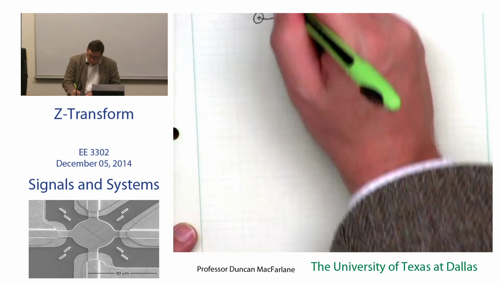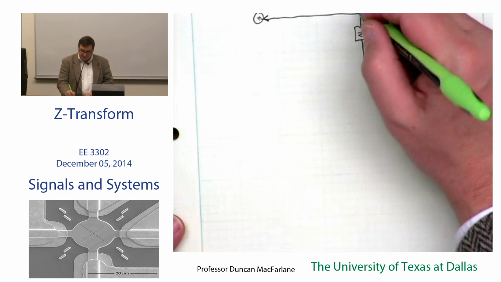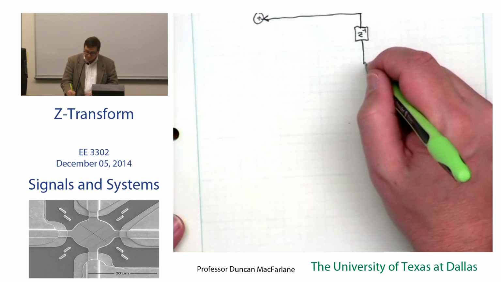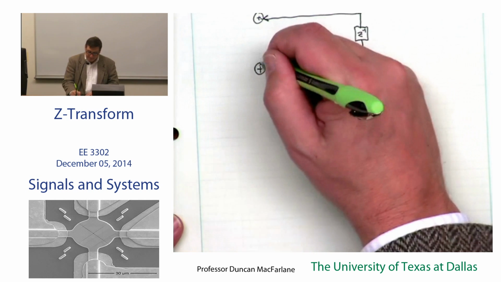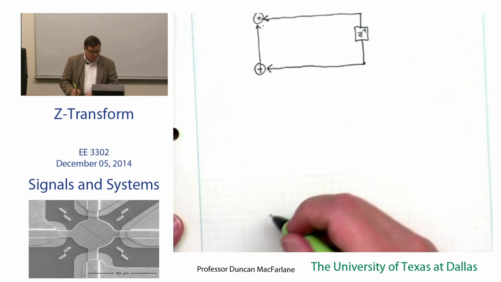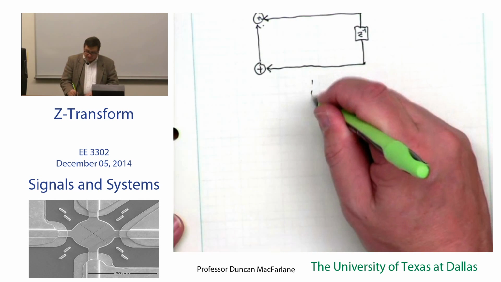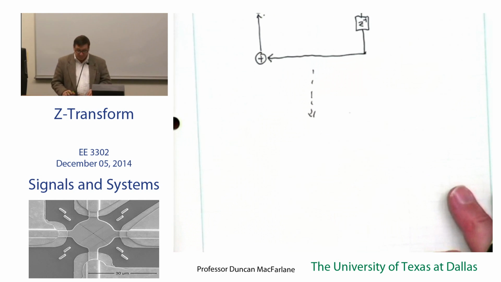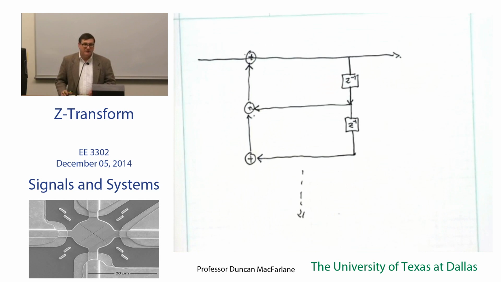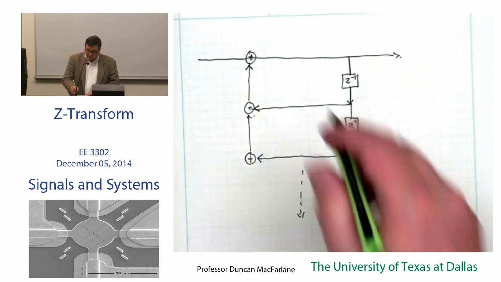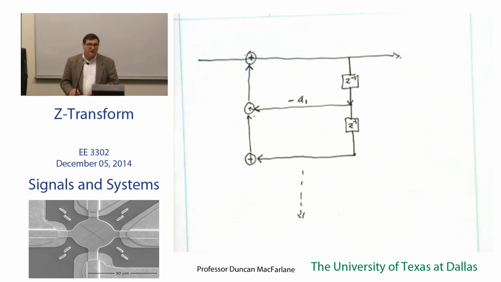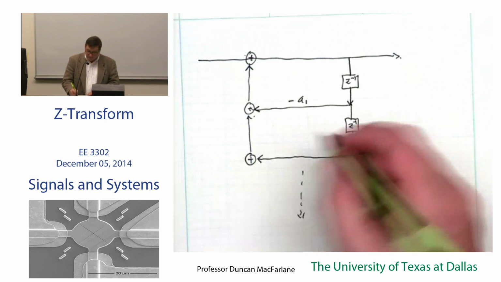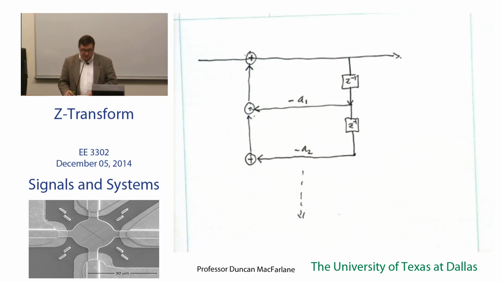I should draw my arrows carefully so you see the direction of the signal flow. And I can continue down this path as many times as I want, as many delays as I want. So I'll add in some weights. This will be minus A1, that's a delay. And this will be minus A2, and if I go on down, I'll get additional weights.